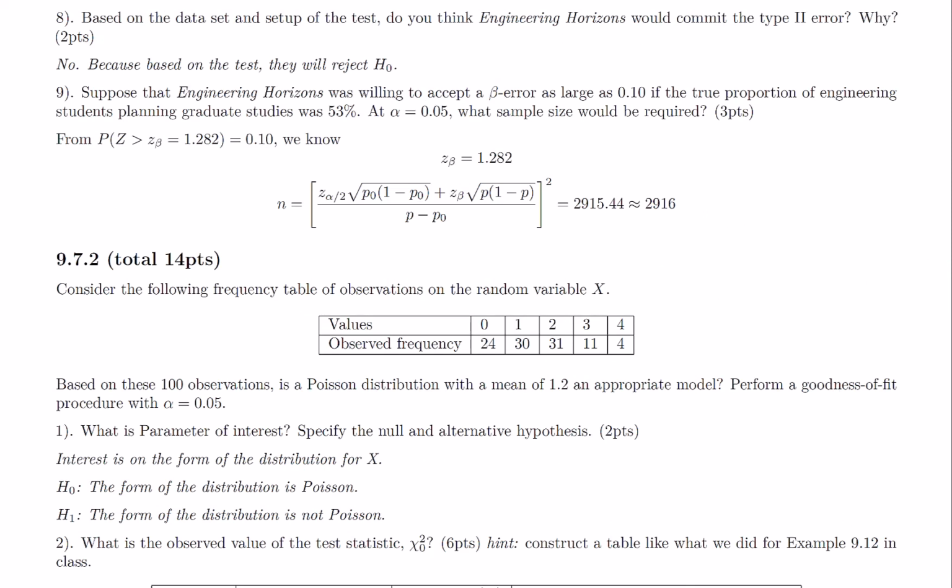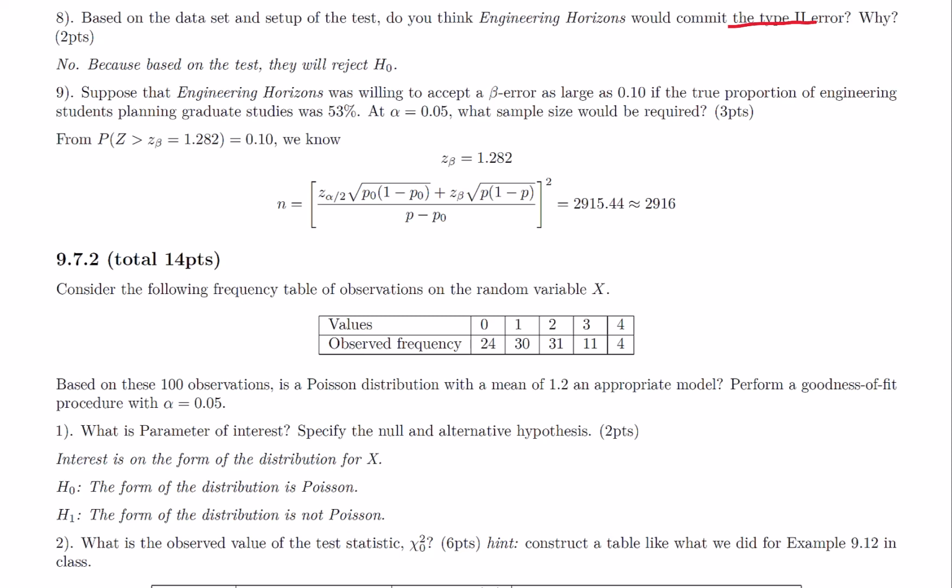Reject null hypothesis, there's only chance to commit what? Type 1 error. Because you got to know what the definition of these two types of errors, right? Type 1 error and type 2 error. You got to know the definition. So here, since we reject null hypothesis, then there's no way they can commit type 2 error.